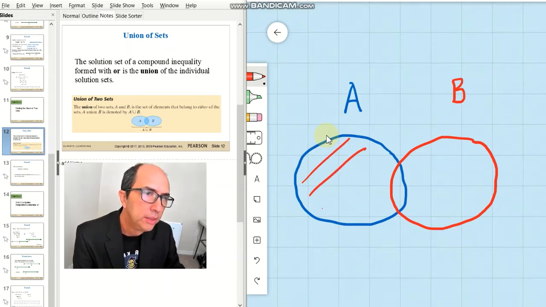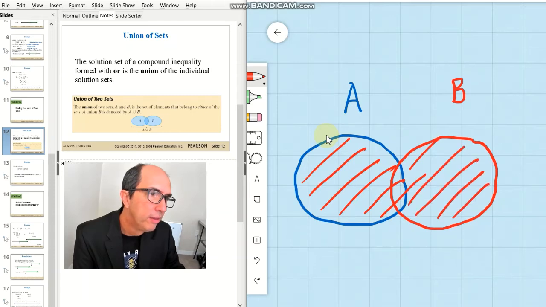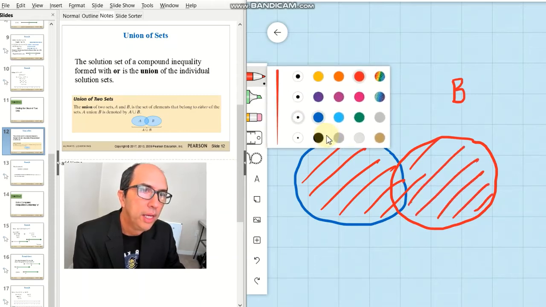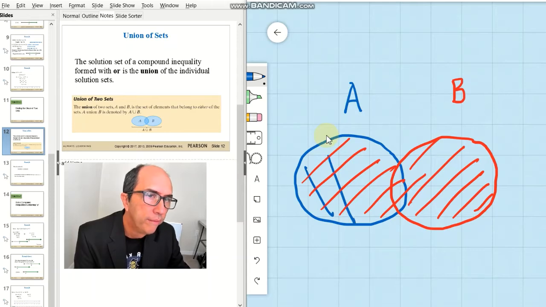That means the union is the whole thing. The whole thing is going to be the union. A or B.